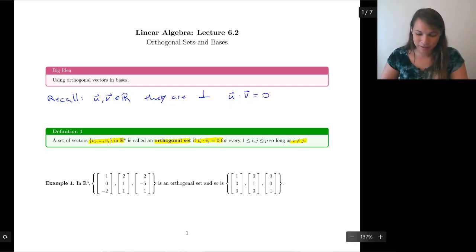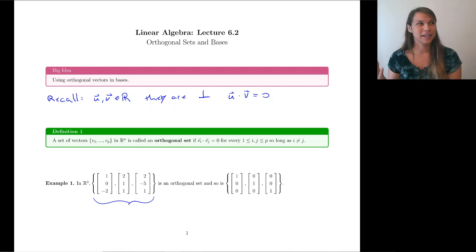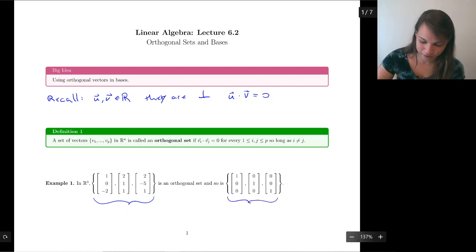Okay, some quick examples. This first set in R3 is orthogonal. We actually know that. You proved that on your worksheet last time because I made you do every vector dot product combination, so thank you for doing the work.